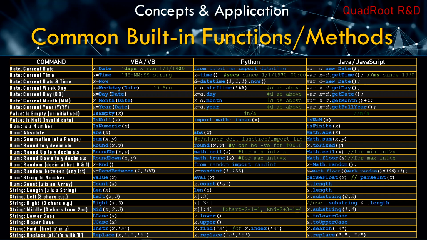And if you want to replace, you can use Replace in VBA with what you want to replace and what you want to replace it with, or x.replace in Python, or x.replace in Java and JavaScript, with what you want to replace and what you replace it with.